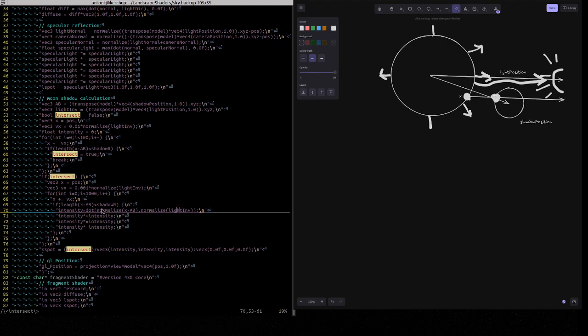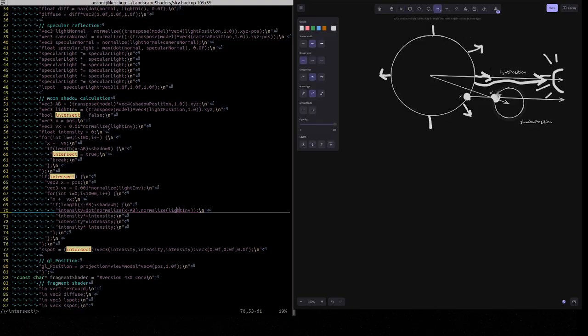And basically, the intensity is the dot product of this, let's call it x prime here. So this is the intersection position x prime.